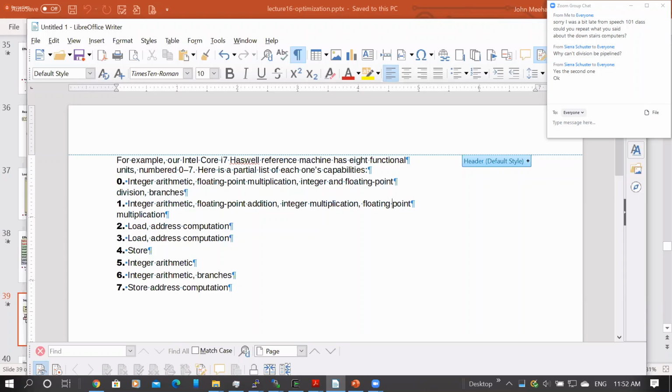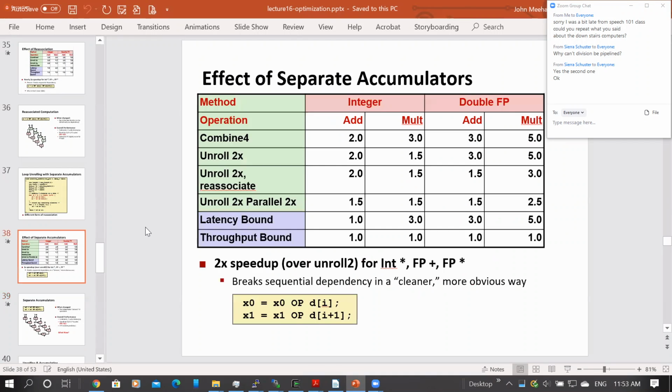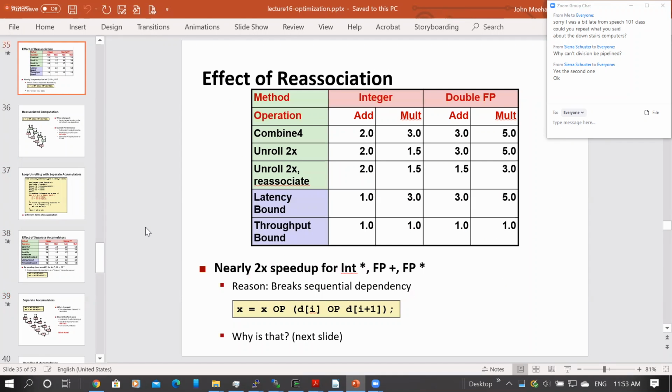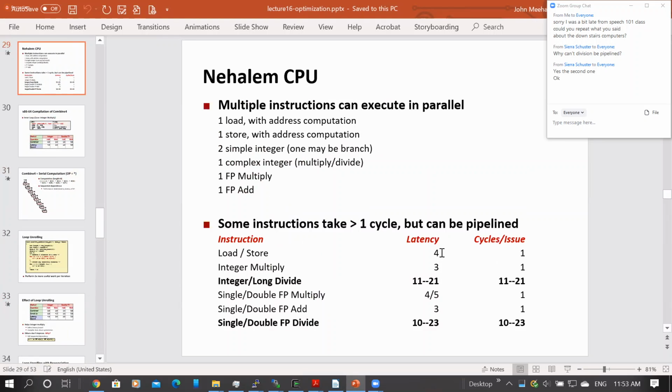The other thing you have to realize is when we were pumping in the data, you're saying, wait a minute, doesn't it take 4 cycles to get that out of memory? Yeah, it takes 4 cycles, but it's also pipelined. Go back up here. See, the latency is 4 cycles once I issue the request to get it out of memory.